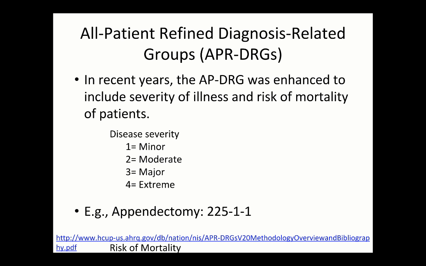The APRDRG includes 4 subclasses within each DRG that divide patients into groups of disease severity and risk of mortality. Age, CC, and MCC groupings are removed and substituted with 2 sets of 4 subclasses. One group of 4 subclasses for severity, and one group of 4 subclasses for risk of mortality.